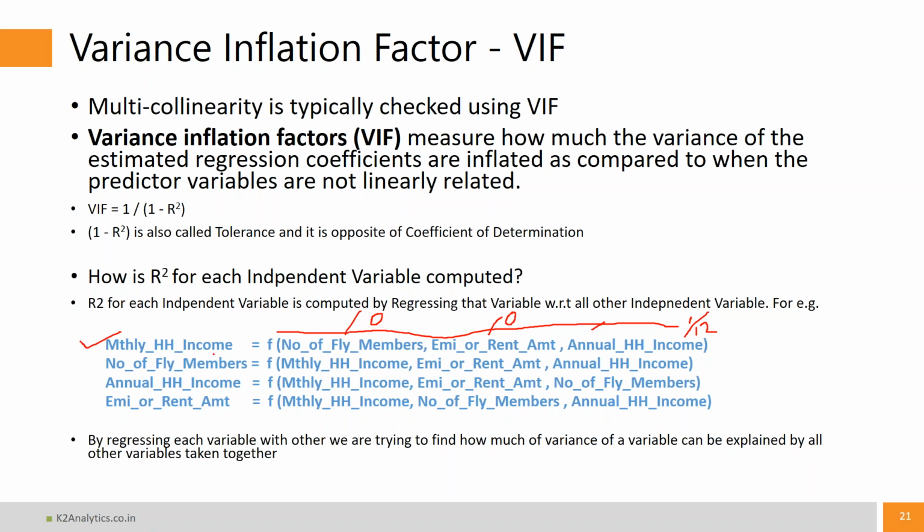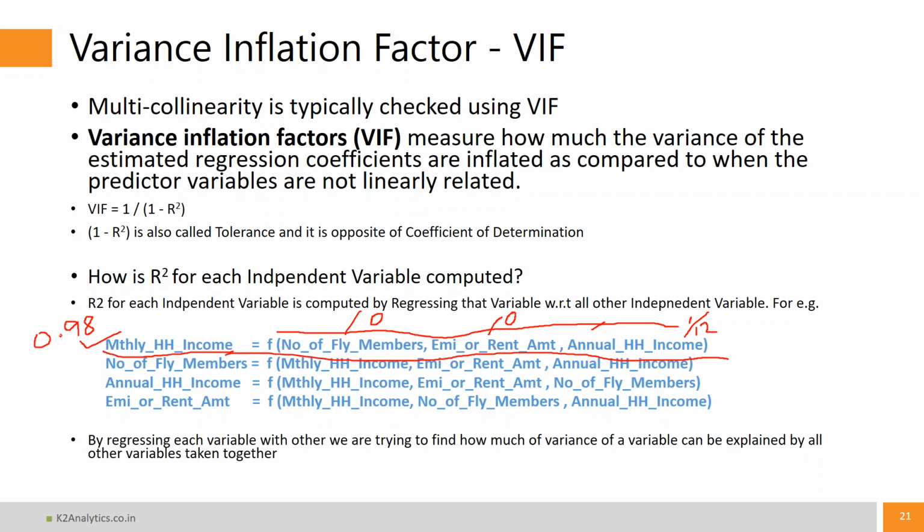So if I now get this as an estimate, can I compute R squared of this model? Any model you can compute R squared. If I get an R squared of, say, 0.98, what does that mean?